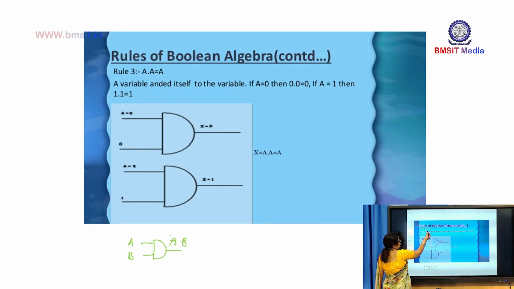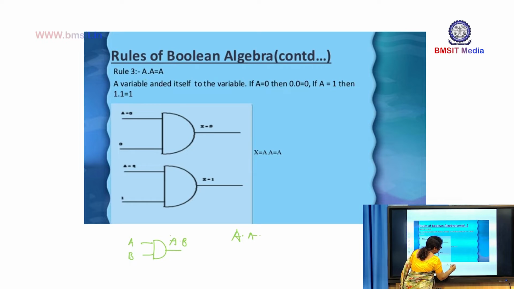Suppose you are ANDing the variable with itself, A into A is equal to A. Now, why are we getting this? Why is A into A equal to A itself? Since it is only one variable, it can take a maximum of 2 values, either 0 or 1.